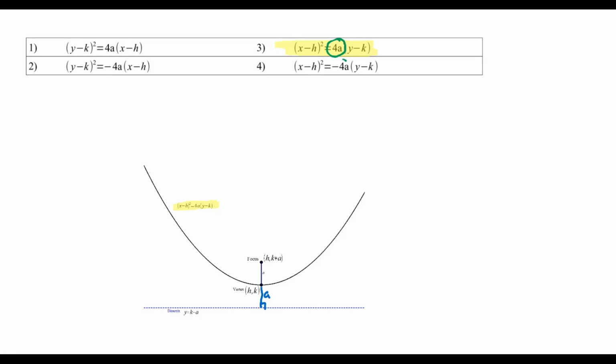When we put a negative instead of a positive, the squared is still on the x, but we have a negative, this is the orientation that is down. And then over here we have some equations where the squared is on the y, and when the squared is on the y, you have a parabola that's oriented either left or right. So when we have a positive, it's to the right, and when we have a negative, it's to the left.